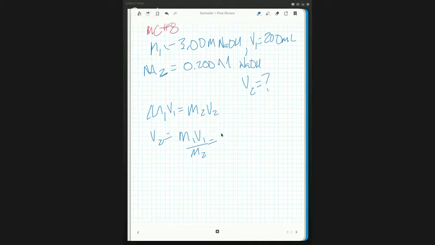Okay, M1 is 3.00 molar. V1 is 20.0 milliliters.